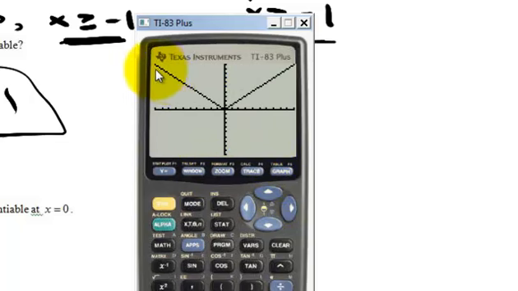Looks like that. Notice that the absolute value function is the V. It's a diagonal line going down to the origin. At the origin it turns and it goes back up. It's continuous everywhere because the limit exists everywhere and the y values exist, and the limits are always the y value.